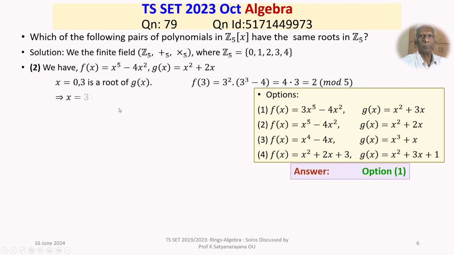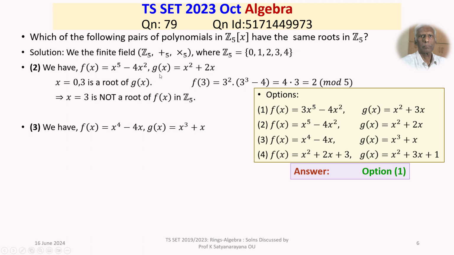So, this implies x equal to 3 is not a root of f(x) in Z5. Whereas x equal to 3 is a root of g(x). Therefore, f(x) and g(x) do not have the same roots in Z5. Agreed. So, option 2 is ruled out.